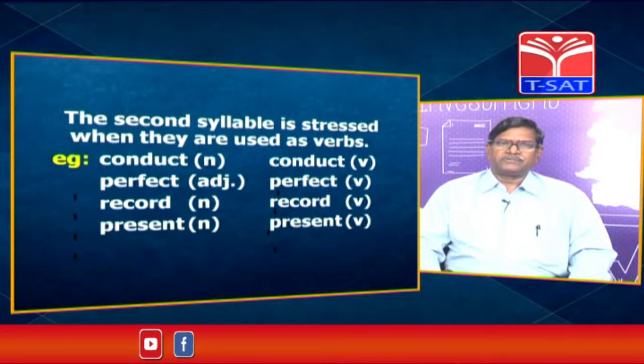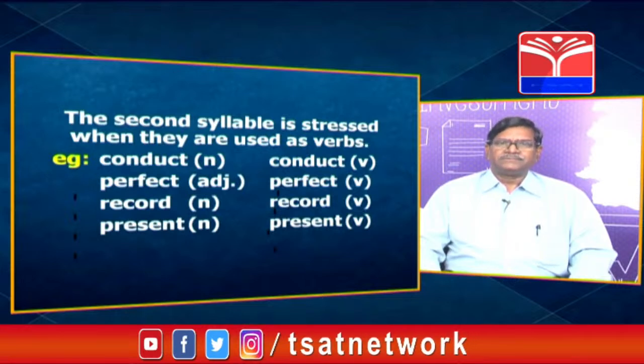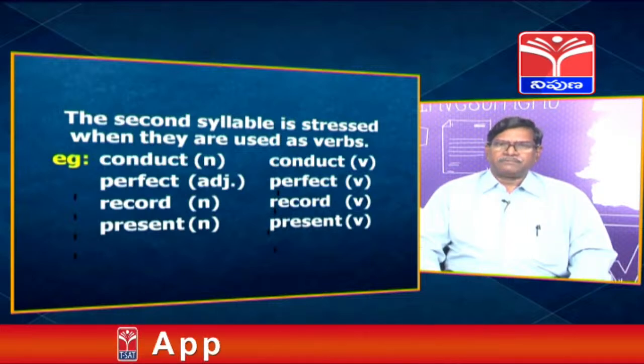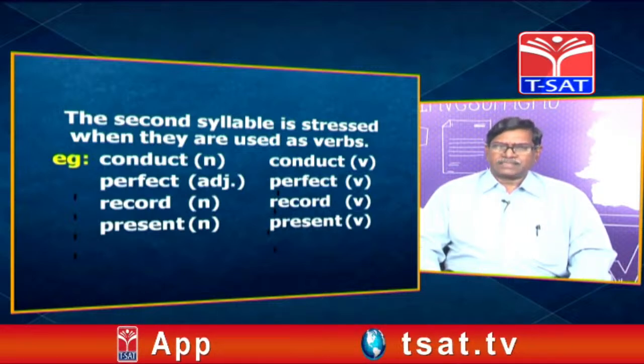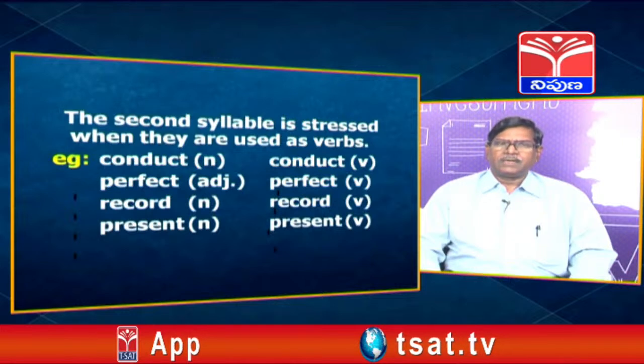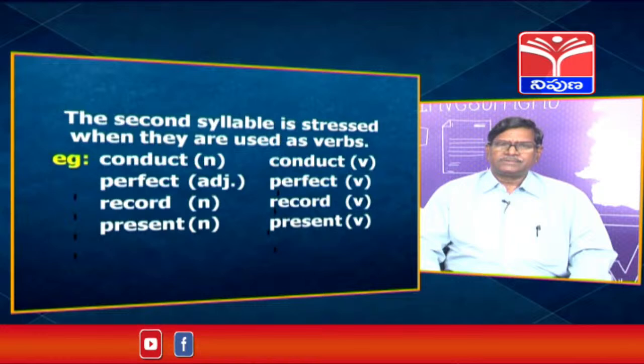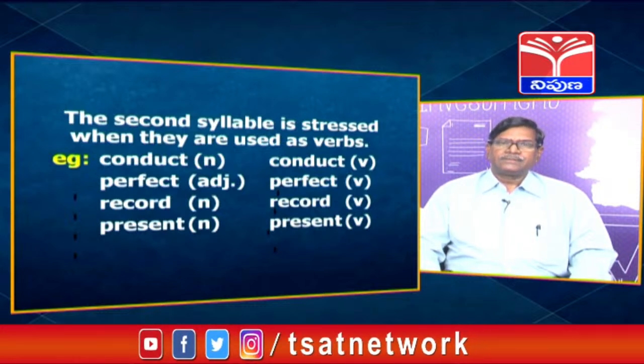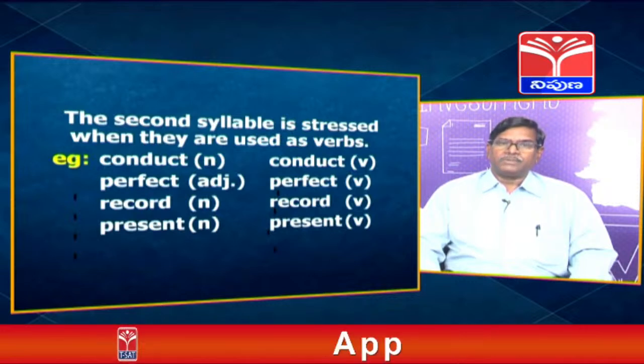Okay? Similarly, perfect. It is perfect. The program was organized on perfect lines. Perfect. When it is used as a verb, perfect. When it is used as a noun, the first syllable gains stress, record. The second syllable gains stress when it is used as a verb, record.